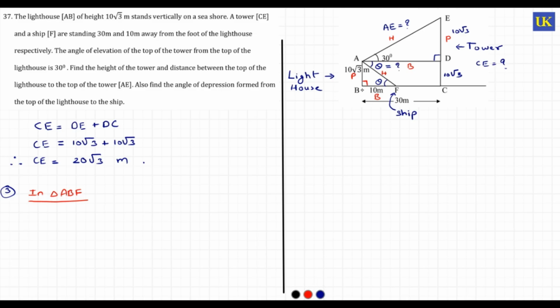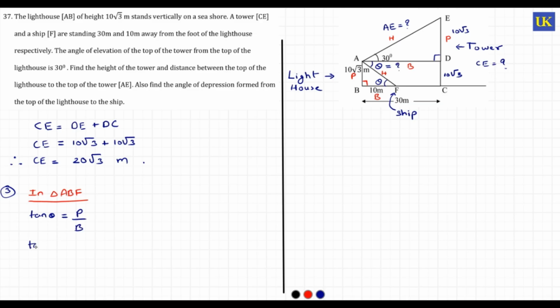Now what we'll do is we have to find out the angle here. So we'll take two known sides and we'll try to find out the unknown theta. That is the logic. So for that, we know two things, which is base and perpendicular. So base and perpendicular means we can take tan theta, because the formula is perpendicular upon base.